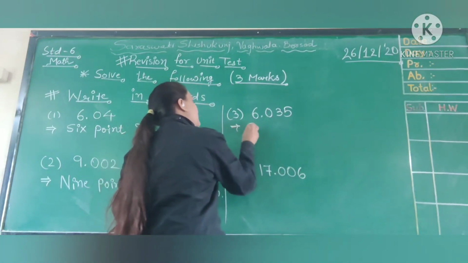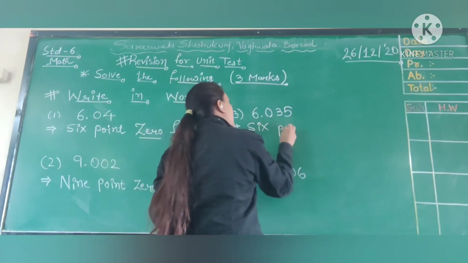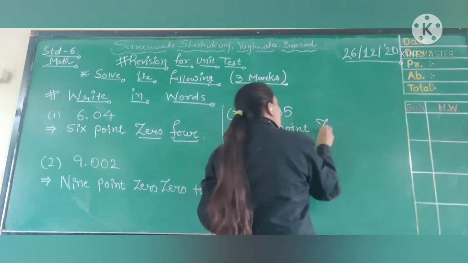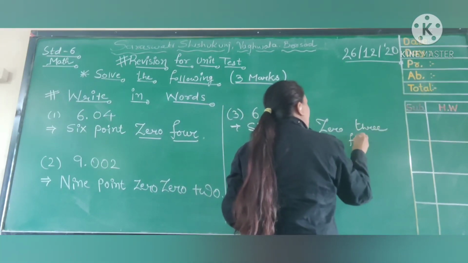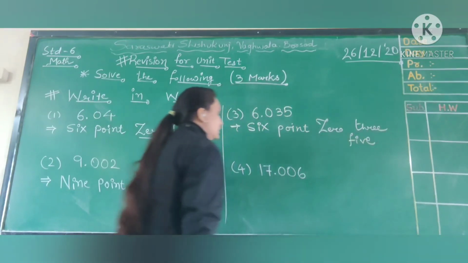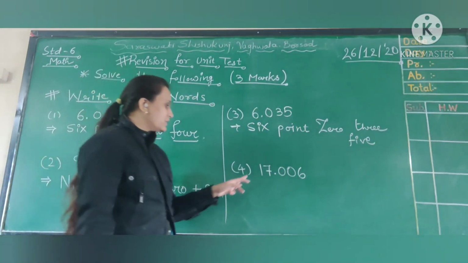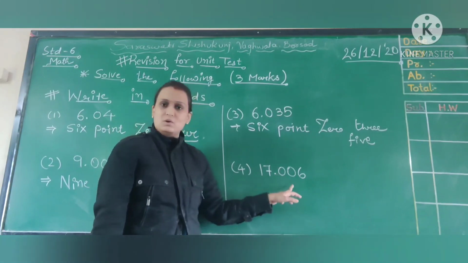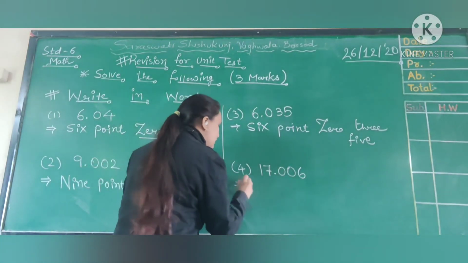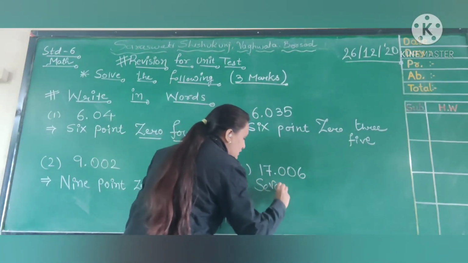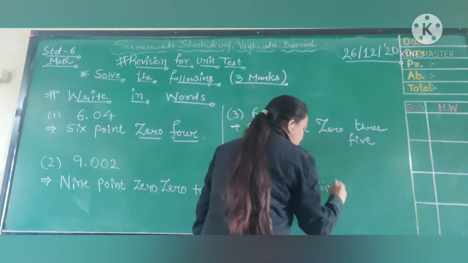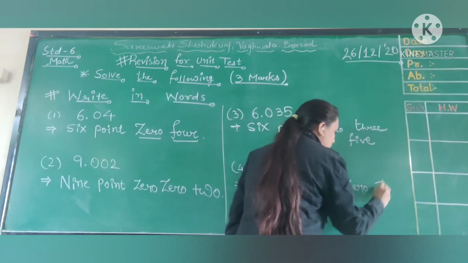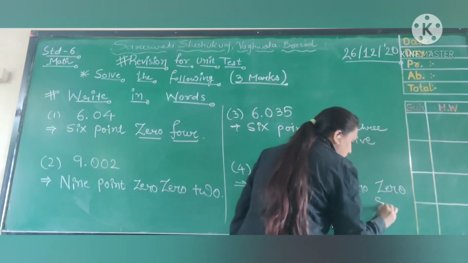So the answer is 6.035. Now in the fourth number we have given 17.006. So here we can write like this, 17.006.